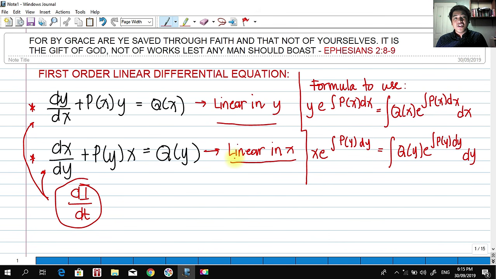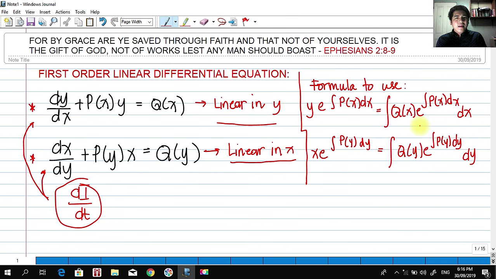If the differential equation is linear in x, meaning we can express the DE in this form, then y is simply replaced by x, p of x is replaced by p of y, and of course, dx is replaced by dy. Same formula. So we have x times e raised to the integral of p of y dy equal to the integral of q of y multiplied by e raised to the integral of p of y dy, evaluated in dy.